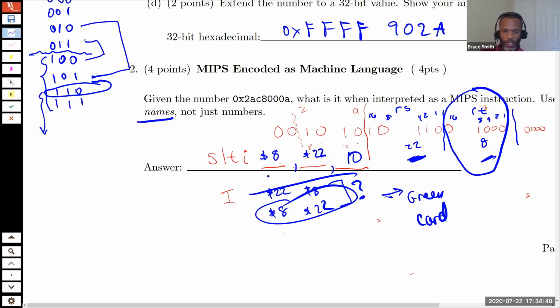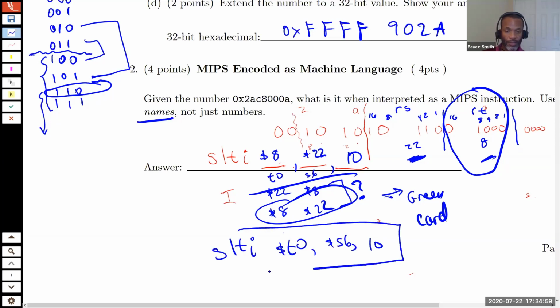So T0 and S6. So what I'm looking for here is, let's make this the register names. T0, S6, and 10. So questions or thoughts on that?